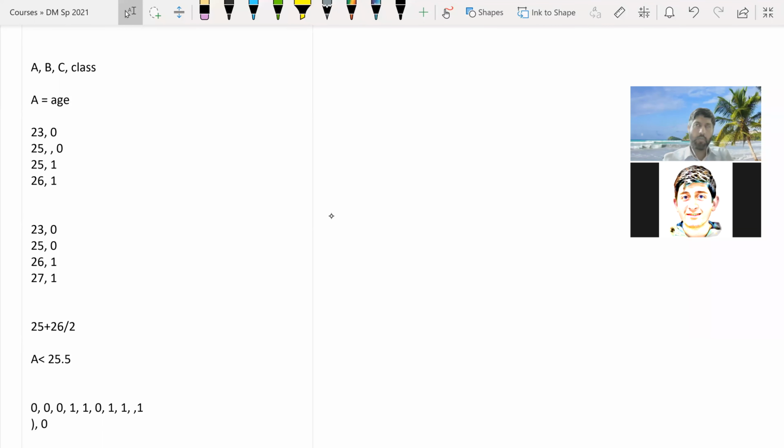Now here you notice there's a change from 0 to 1. So one option would be to choose a value of A between these two, 0 and 1. Now here also there's a change, between 1 and 0.